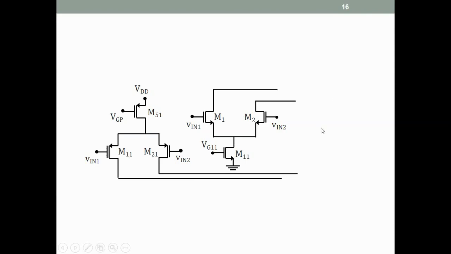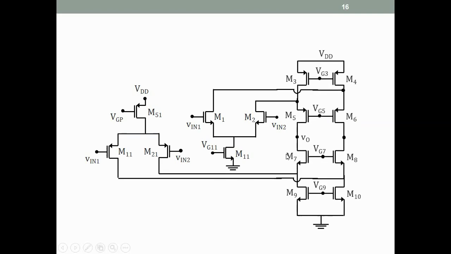And if the input was a PMOS differential pair, then these would go to the nodes between the NMOS loads. So I'm just pointing into the blank space, I'm sorry to do that, but the blank space actually has a circuit here.